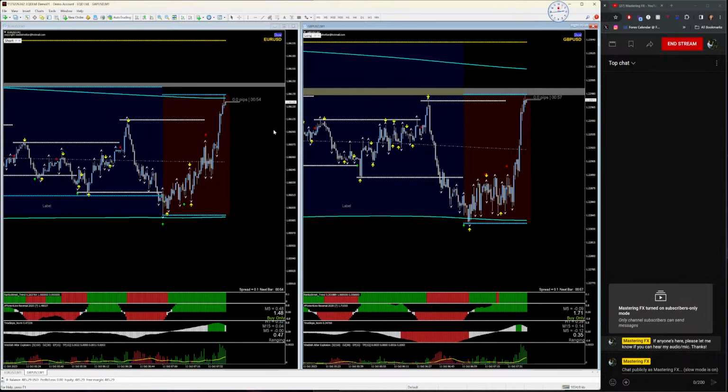So let's see if you get a sell entry here. On the tick in the fair value gap.